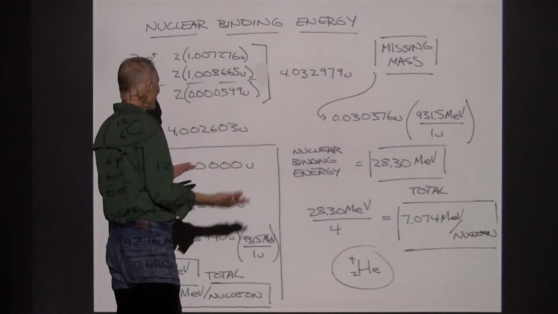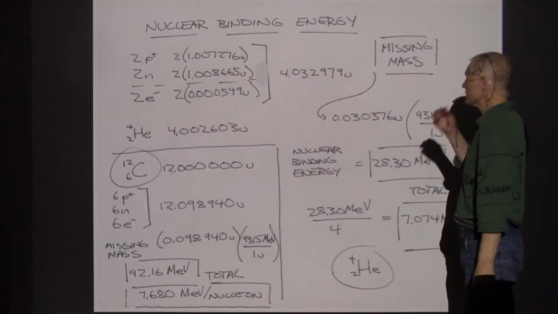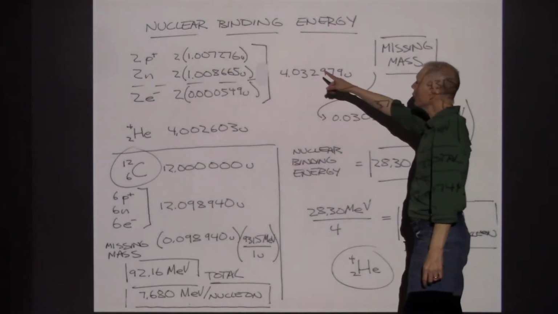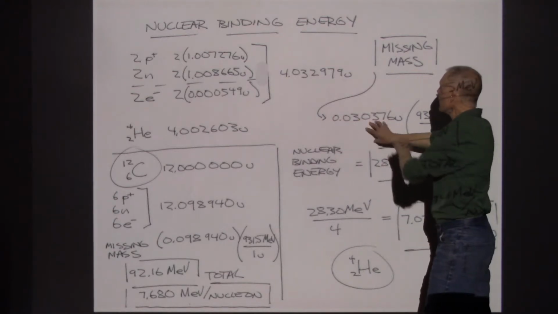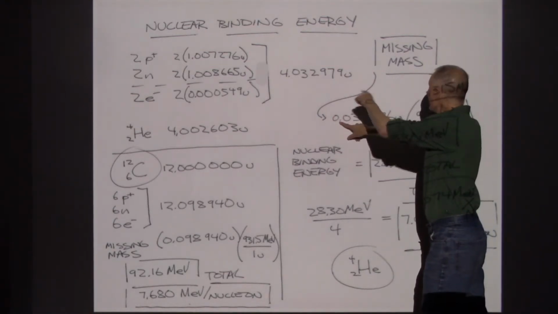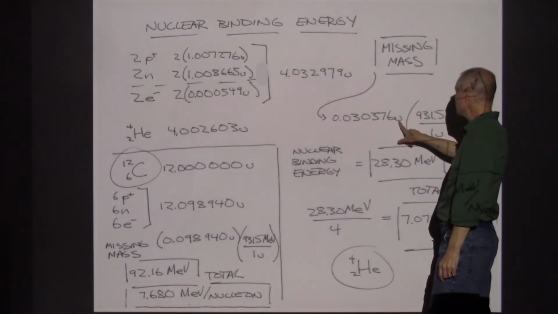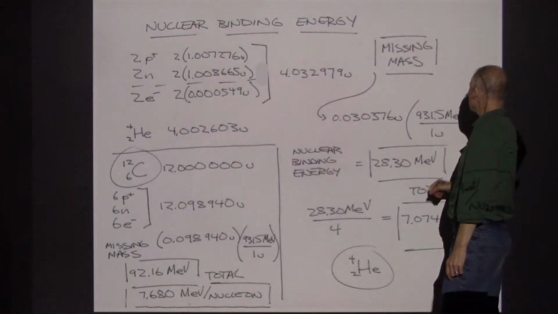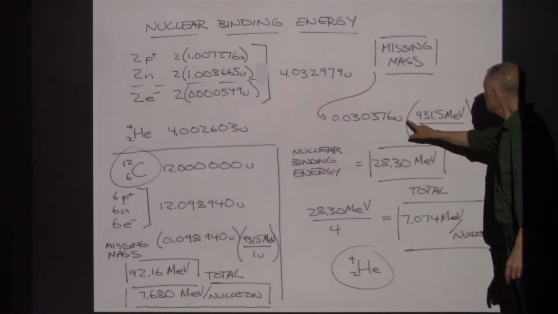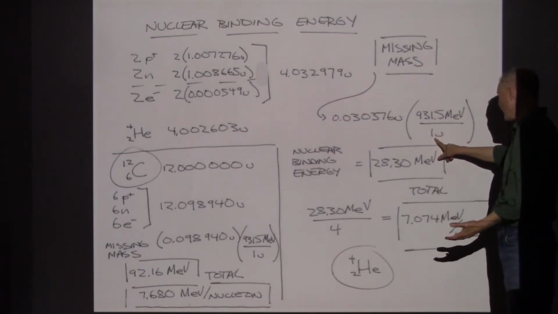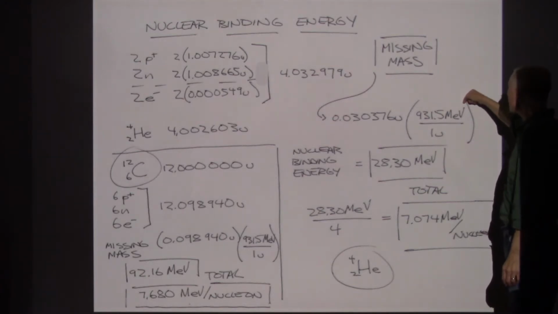Okay, so how much mass difference is there? Well, it's measurable. It's not enormous, but when we create a helium-4 atom, we find that the helium-4 has a mass that's lower than its constituents, this missing mass, 0.030376 atomic mass units. We can use that conversion that we just talked about. 1 atomic mass unit of mass is the equivalent of 931.5 MeV of energy.